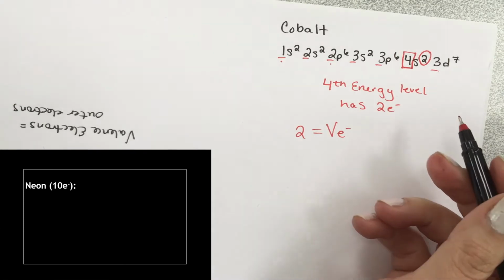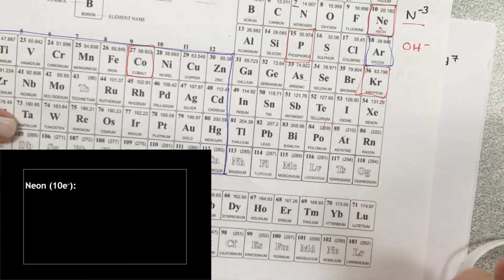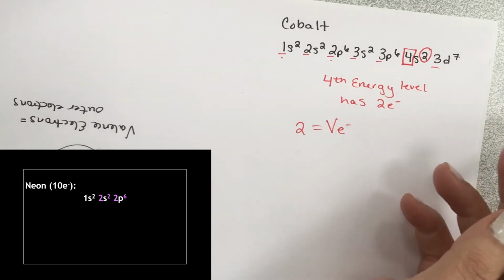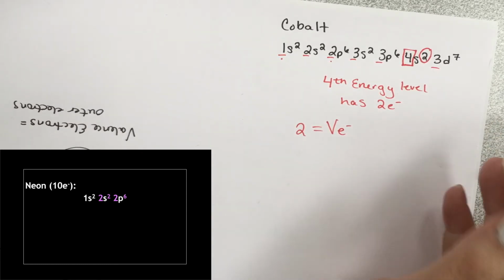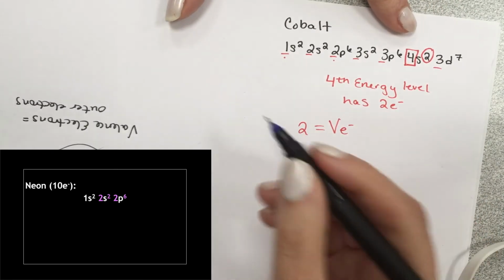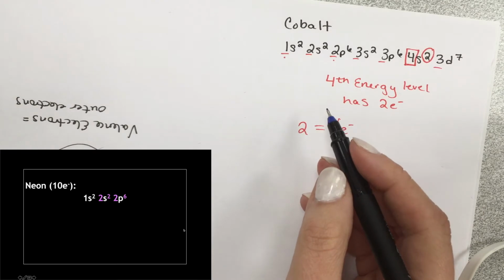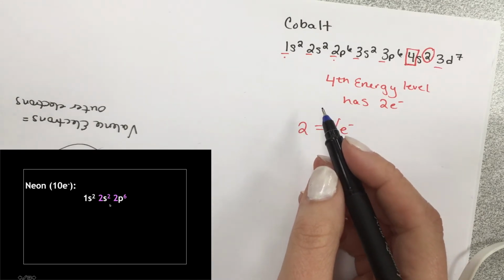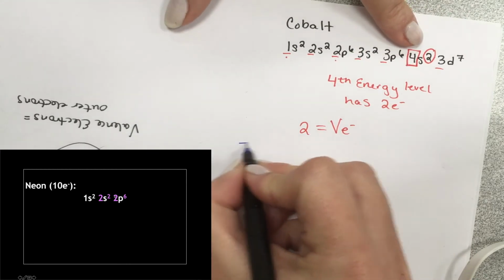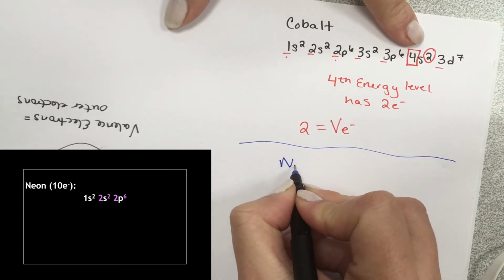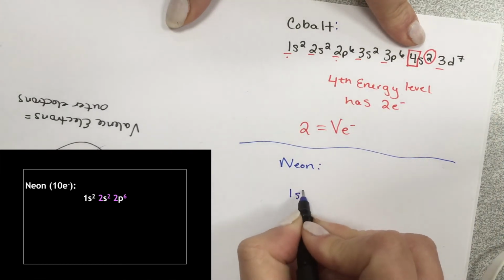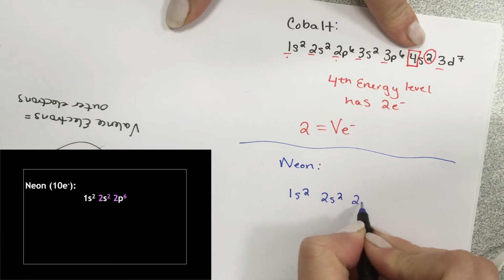Neon, I can already tell you it's a noble gas. It won't have any valence electrons. Okay, yes it will, but that's involved in bonding. Sorry, my bad. I say one thing, I flip it, and it's the other. Neon, 1s2, 2s2, 2p6.